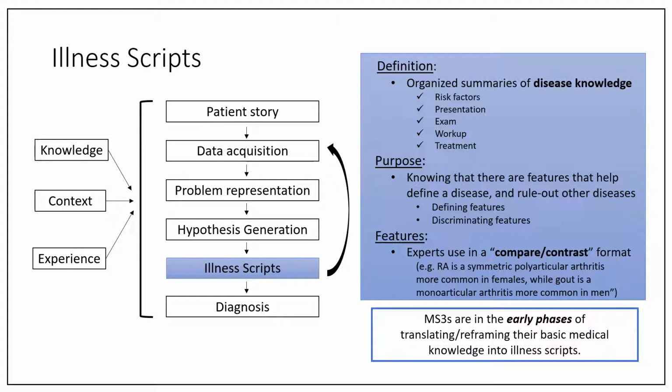Now, with regards to our MS3s, it's important to remember that they are in the very early phases of translating and reframing their basic knowledge into that of an illness script. In other words, they are constantly recording information in a clinically relevant manner. So a main goal of the CRE is to ensure that our students are aware that there are certain features that both define and discriminate certain diseases.